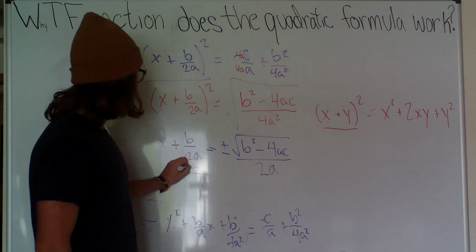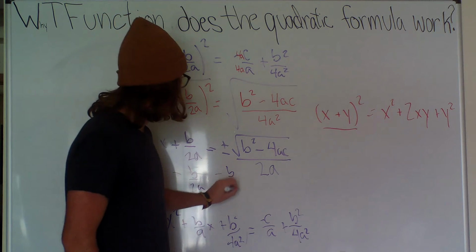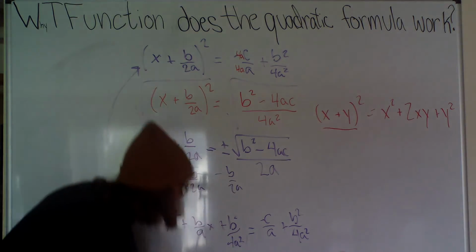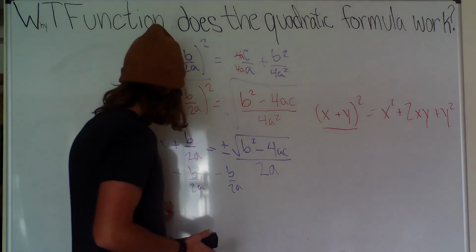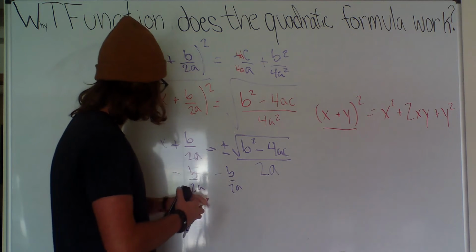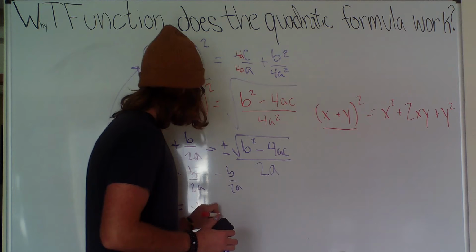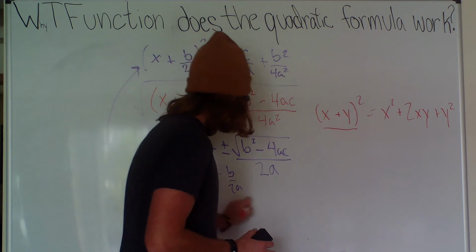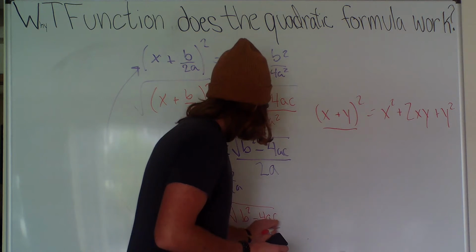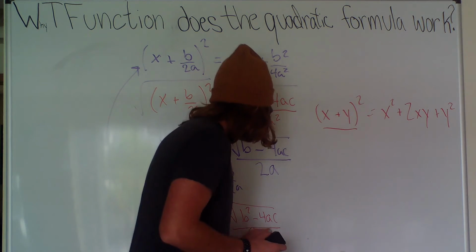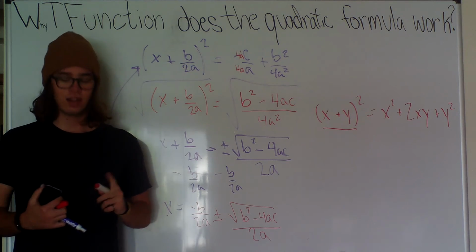So now we just subtract b over 2a, and we get that x is equal to negative b over 2a plus or minus the square root of b squared minus 4ac over 2a, which is exactly what our quadratic formula tells us.